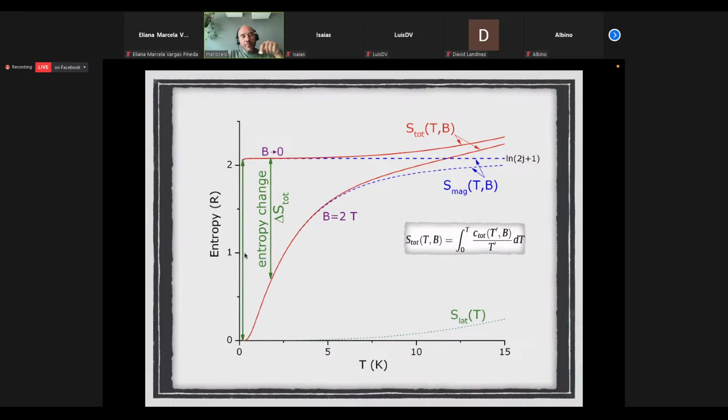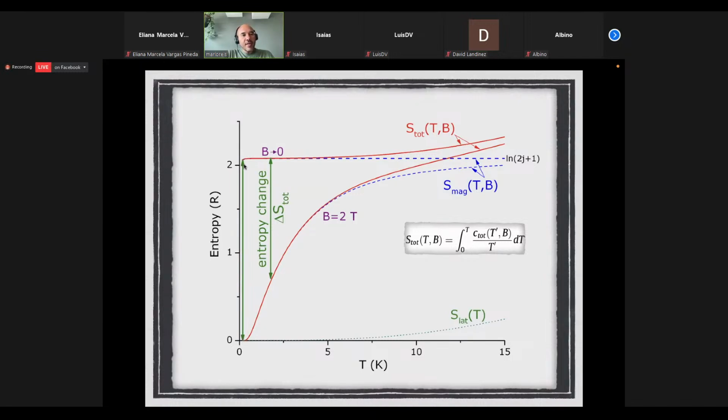One very important point for the next discussion is this length here. You can see that for a certain region, because this length here is the entropy change we are interested in, that characterizes the amount of heat that the material can exchange with the thermal reservoir. Note the following.